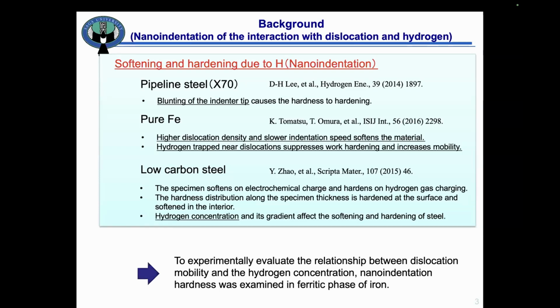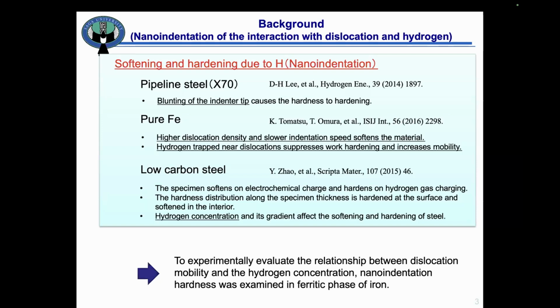The second one is by Dr. Tomatsu, performed for pure iron. Higher dislocation density and slower indentation speed soften the material, and hydrogen trapped near the dislocation suppresses work hardening and increases mobility. They reported like this.